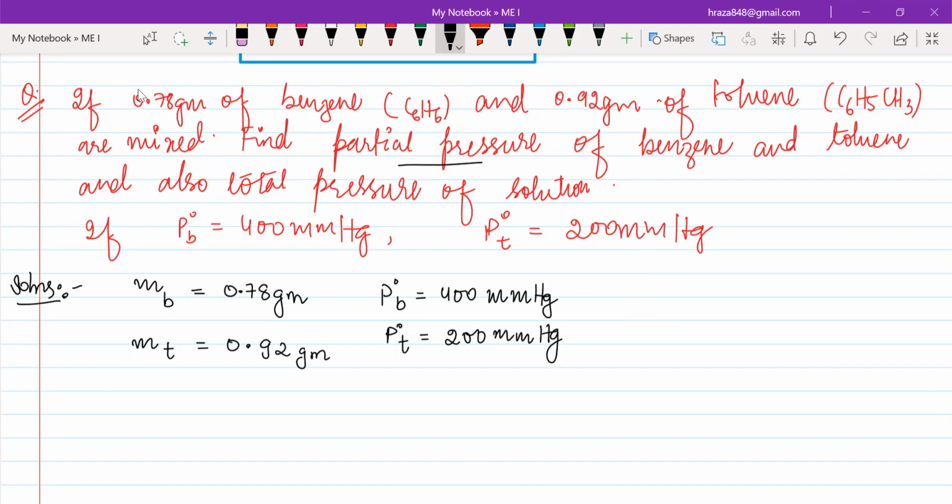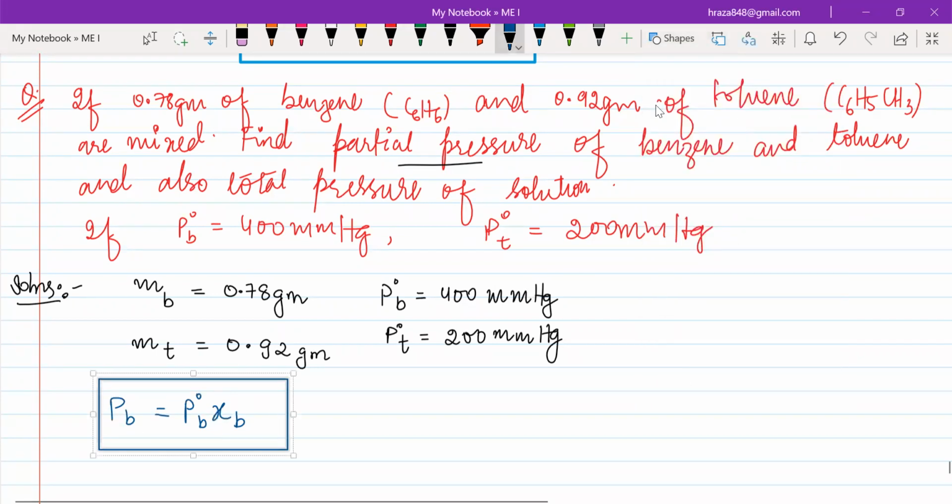Yes, so this is given, only this is given. So if you are going to see, am I audible to you? Yes, sir. So we need to calculate the partial pressure of benzene, which will have a formula, pure pressure of benzene into mole fraction of benzene, right? This will be the formula.